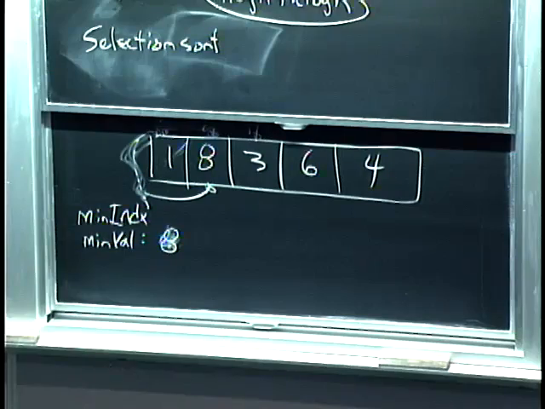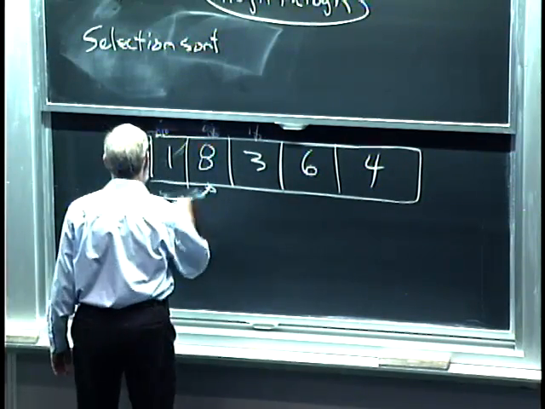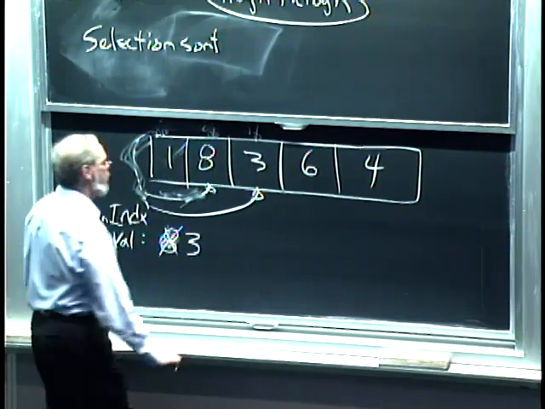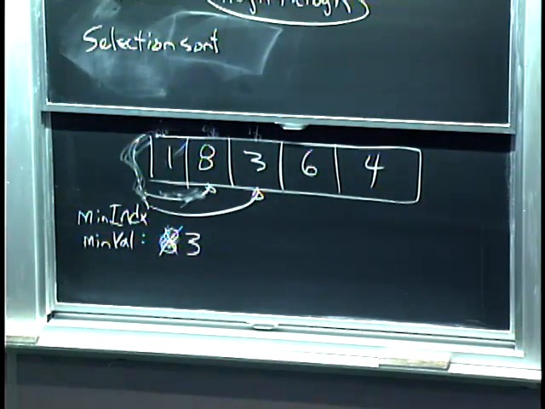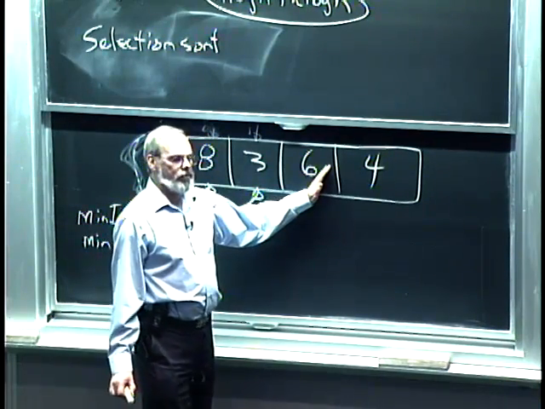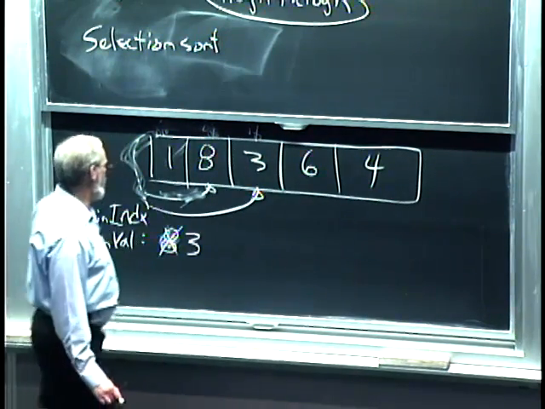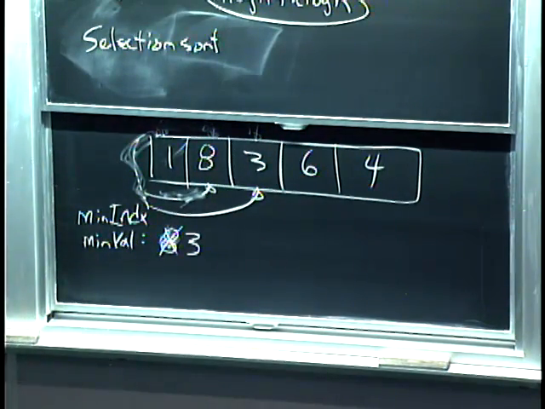It says, gee, make min index point to there. Min value be 3. Change j. Is 6 bigger than 3? Yes. Is 4 bigger than 3? Yes. Get to the end. And when I get to the end, what do I do?